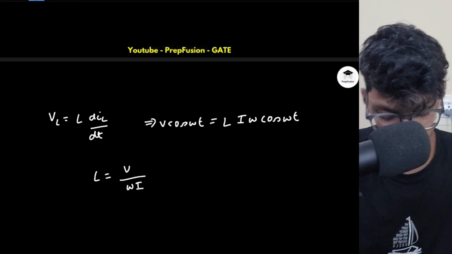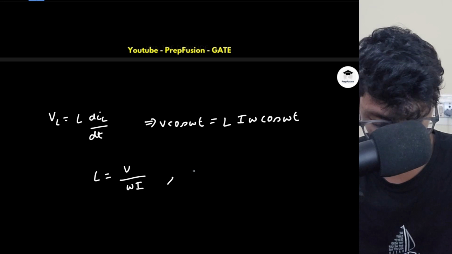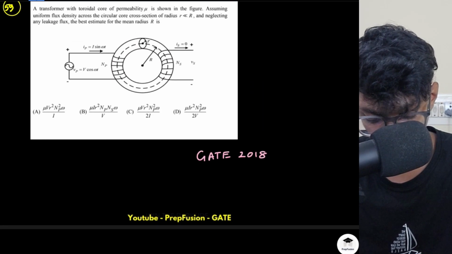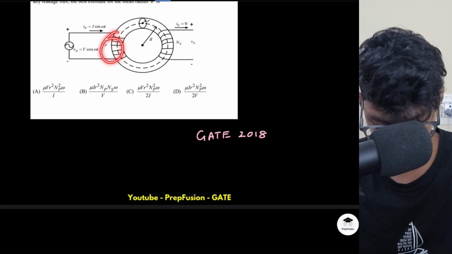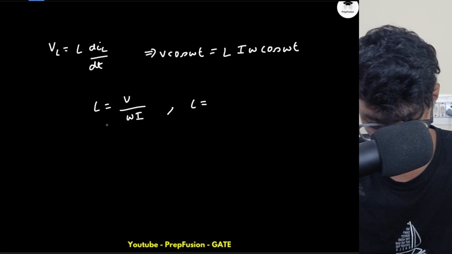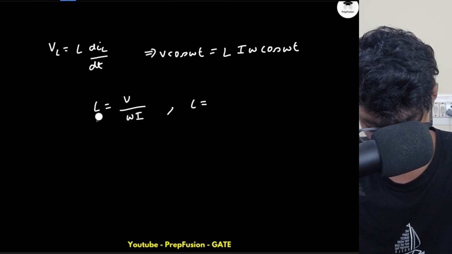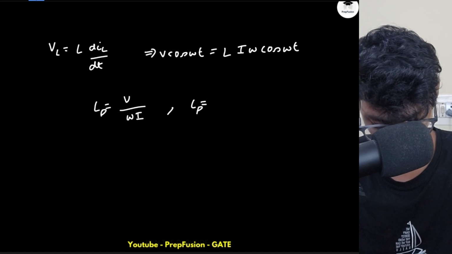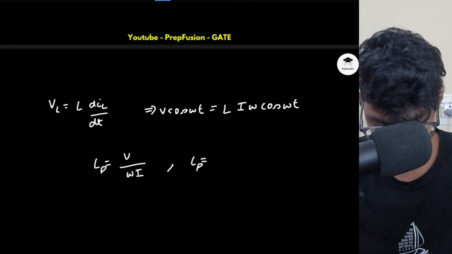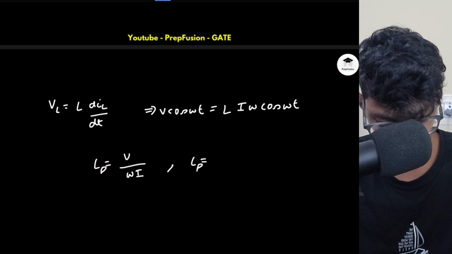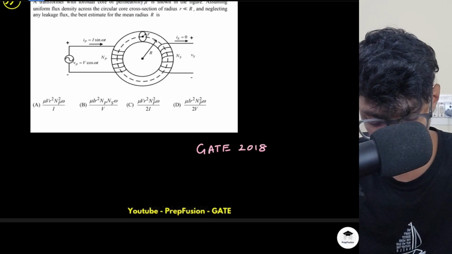Okay, so what is my L? I know my L for a toroid like this, but do remember what the self inductance is. This is the L of the primary. I'm only talking about the L of the primary. What is the formula for primary inductance?